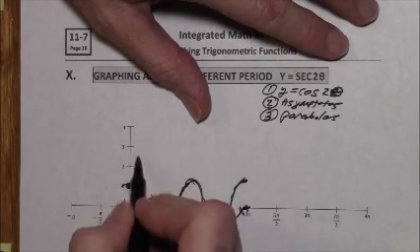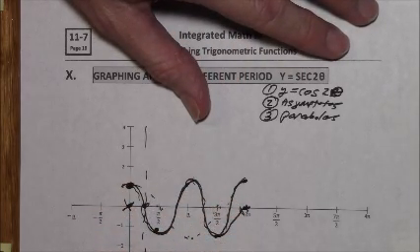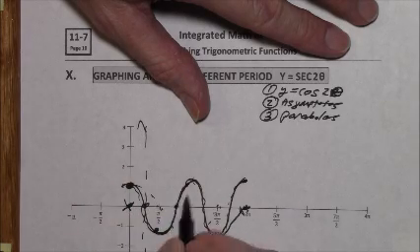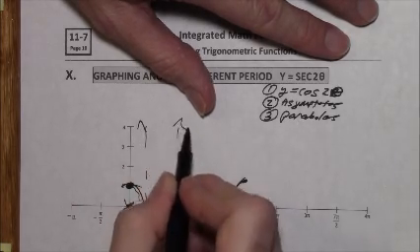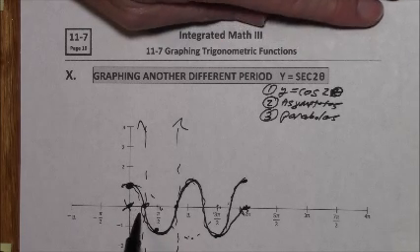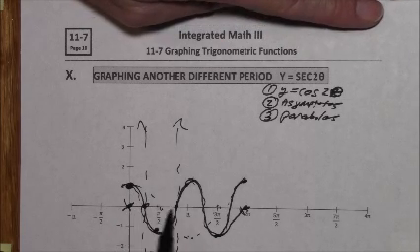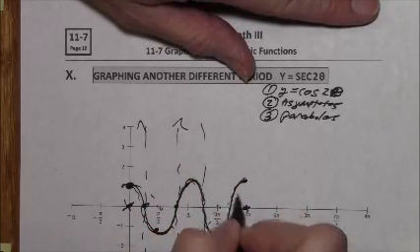Now we're going to do the asymptotes, and that is the places where the zeros are. Now we don't even know exactly which numbers, but we can make an educated guess that they are exactly in between 0 and pi over 2. So that would make this pi over 4, or 45 degrees, and 135 degrees, and so on.